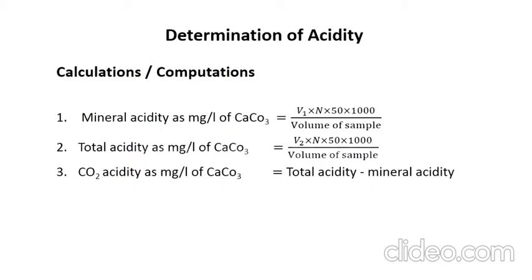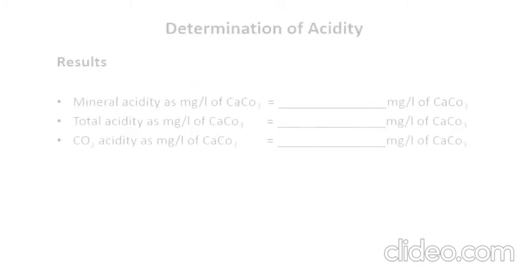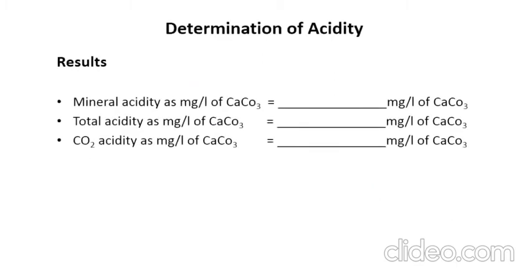Carbon dioxide acidity as milligram per liter of CaCO3 is equal to total acidity minus mineral acidity. The results of mineral acidity, total acidity and carbon dioxide acidity as milligram per liter of CaCO3 are presented.